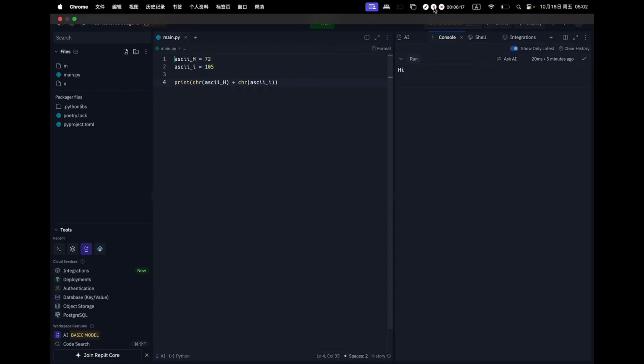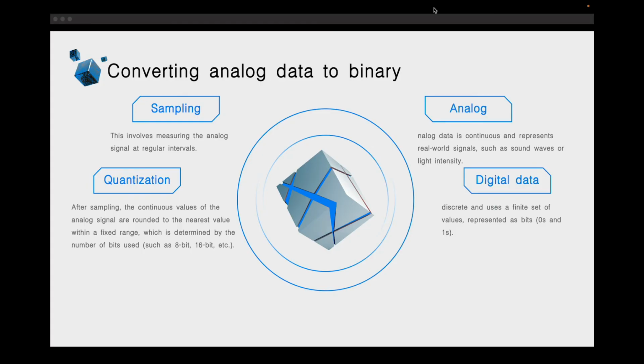Okay, now we can move on to our next lesson, and this will be converting analog data to binary. So I'll just give you a simple review of what each definition is. The four definitions we need to know in this topic are sampling, quantization, analog, and digital data.